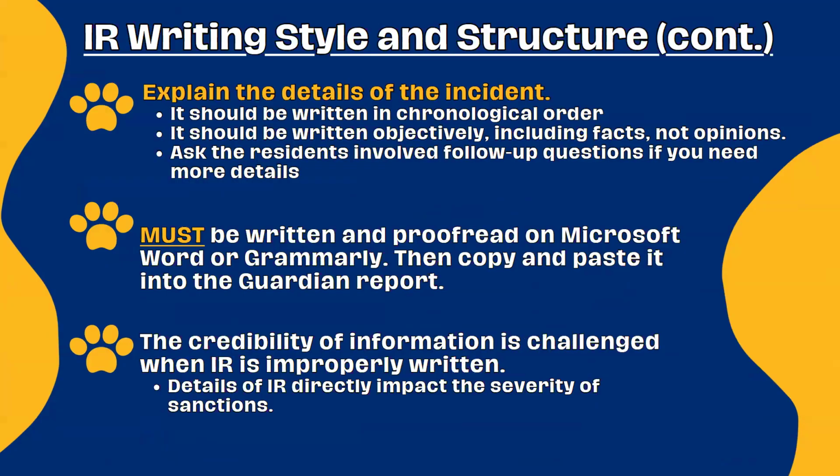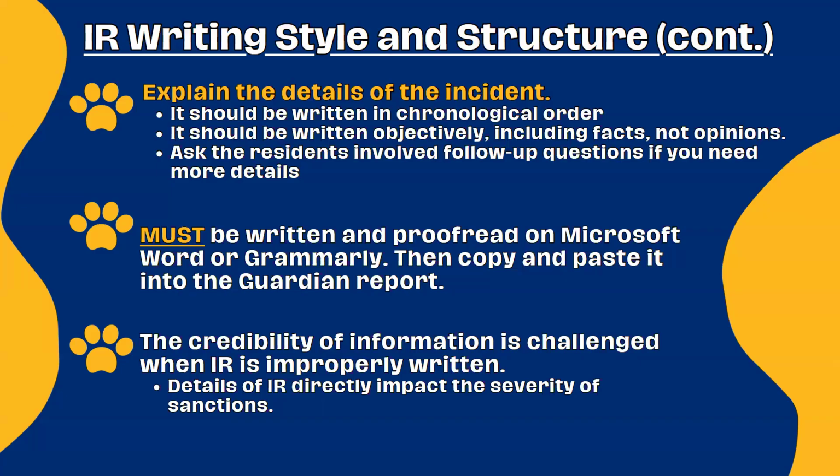As we delve into the details of the incident report, it's crucial to emphasize a few key points. First, the importance of writing in chronological order cannot be overstated. This structure not only helps in clarity, but also ensures that the events are presented in a logical flow. Next, remember that the report must remain objective. This means we focus on facts rather than opinions. If you feel you need more details, don't hesitate to ask follow-up questions to the residents involved.